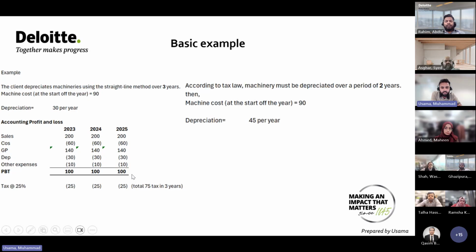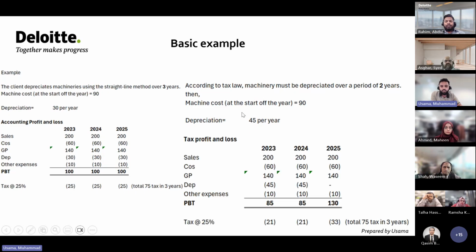But as I said, for the tax purpose, we need to revise as per the tax rules. So I'm making the same example as I covered in my previous example, where I've revised the depreciation to 45. So we will get this result for the 3 years.